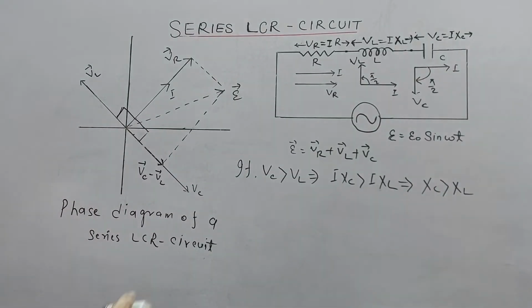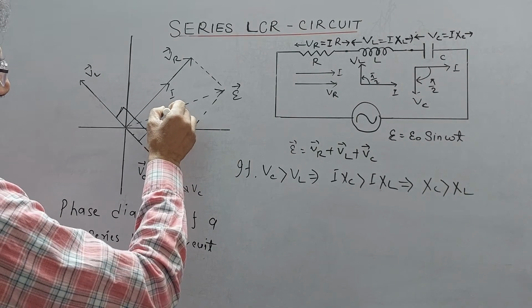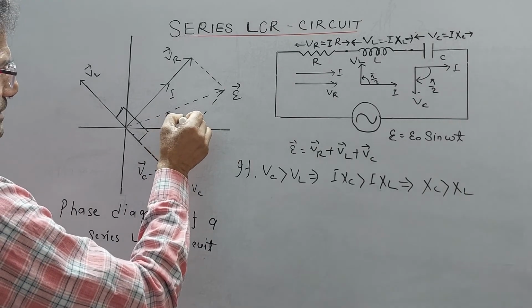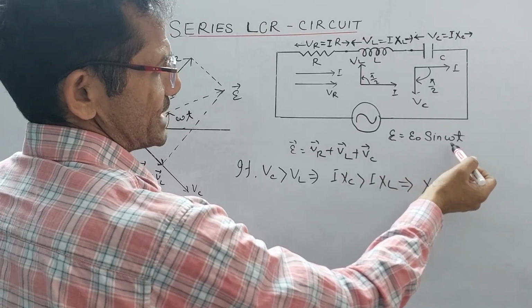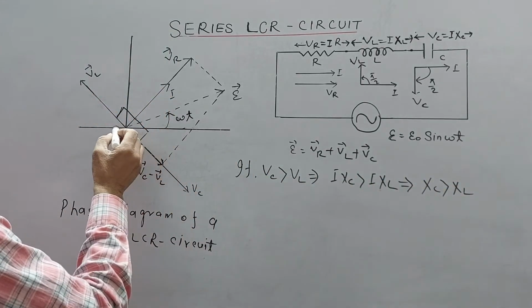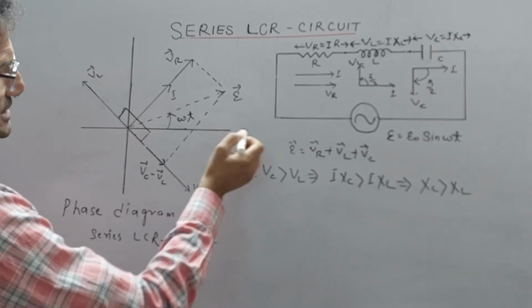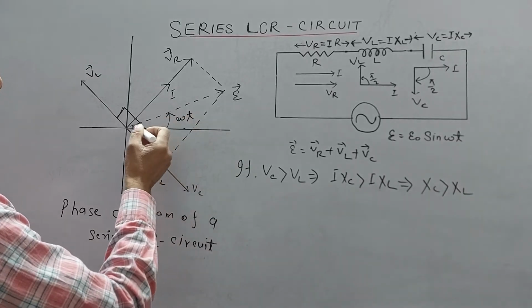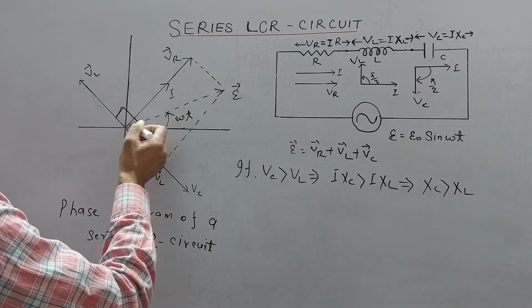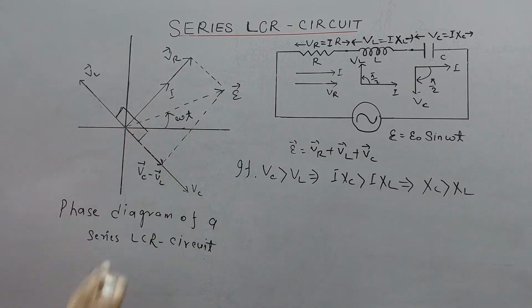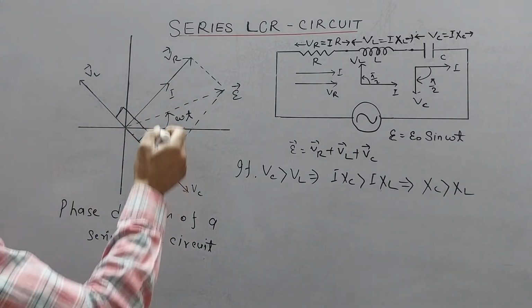Let us suppose it makes an angle of omega t, because the applied voltage has an angle omega t at that time. This is along the x-axis making an angle omega t, and the phase angle between current and voltage we generally represent by phi.